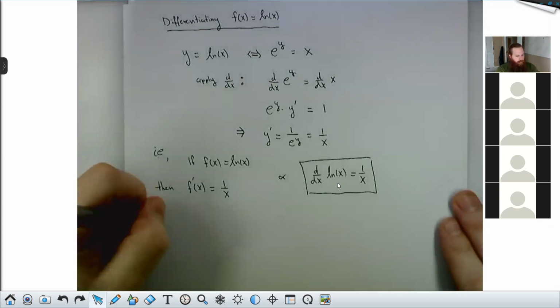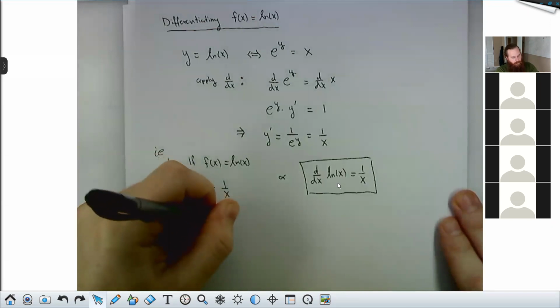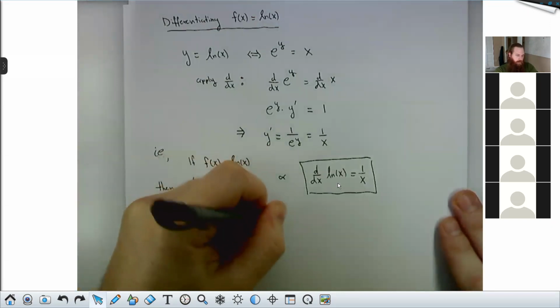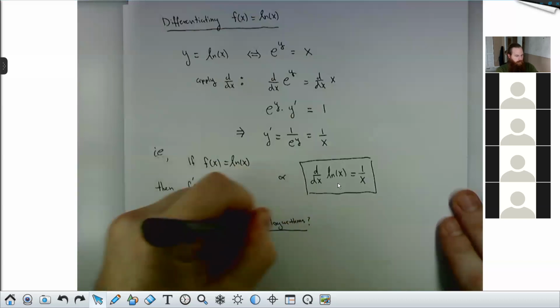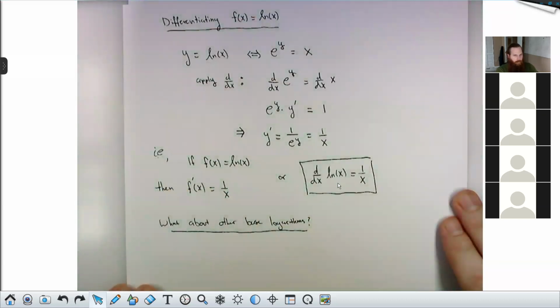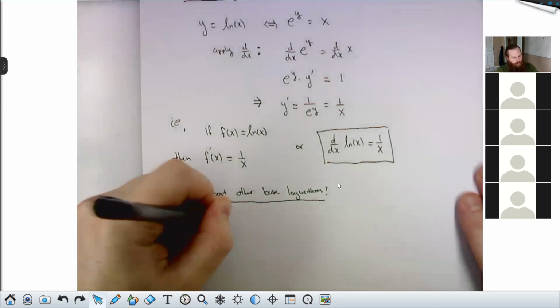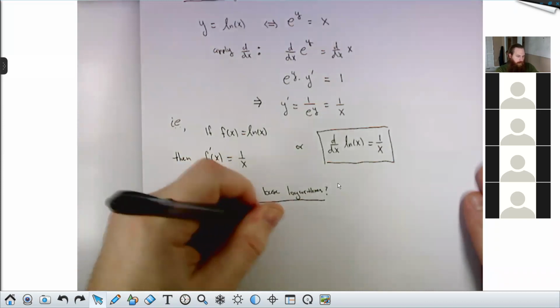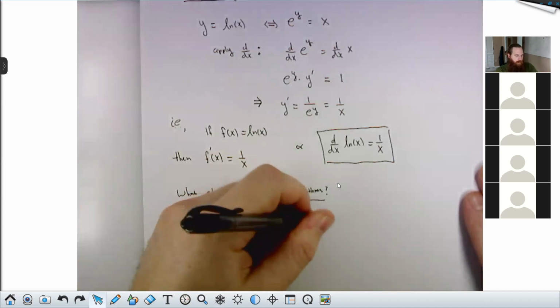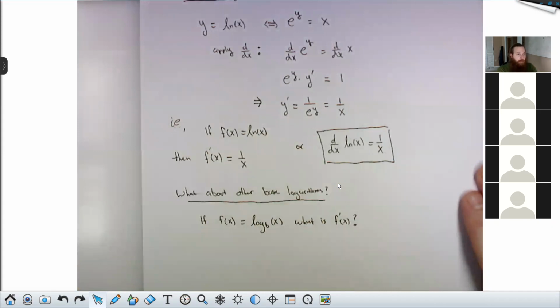So what about other base logarithms? Can we find the derivative of the base b logarithm in general? This is where your change of base formula comes in.